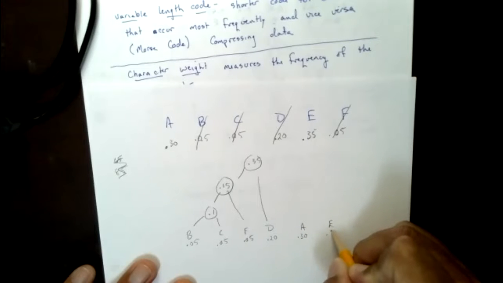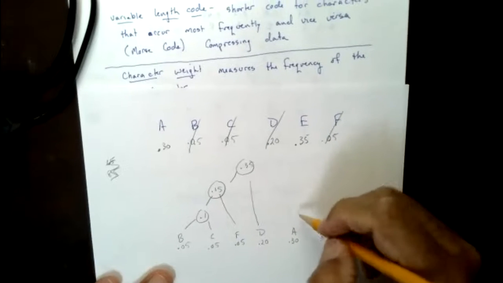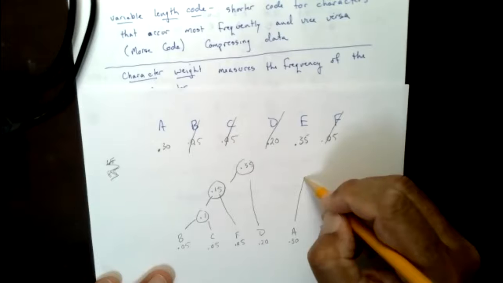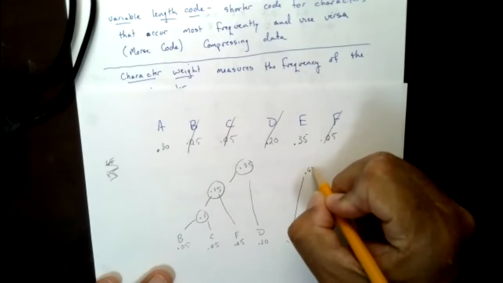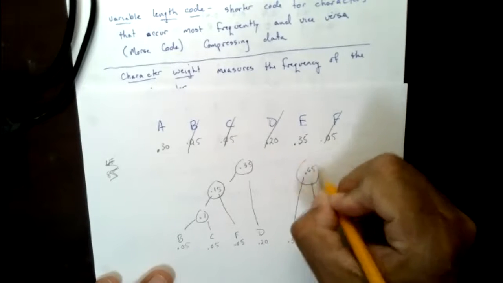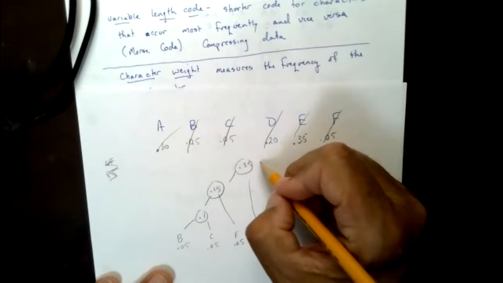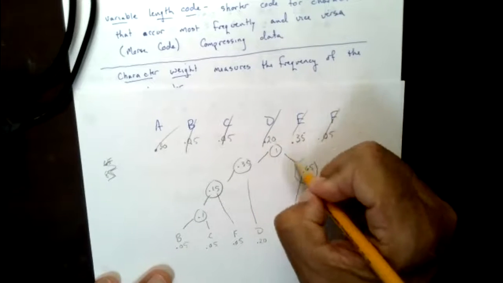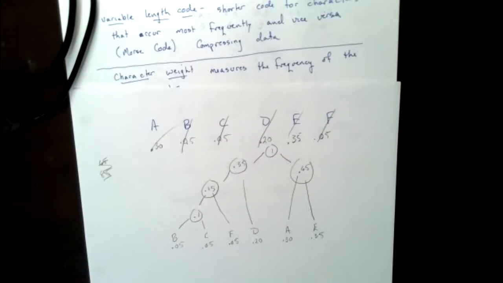E, 0.35. And these 2 are going to combine to give me a 0.65. Now, A and E are off the table. These 2 combine to give me 1. I love it. We're almost there. Second half of the class is wacko, but we're almost here for this first.